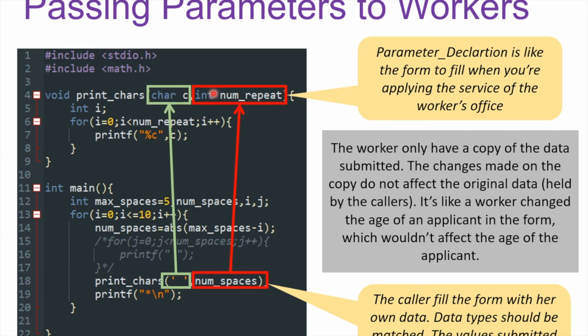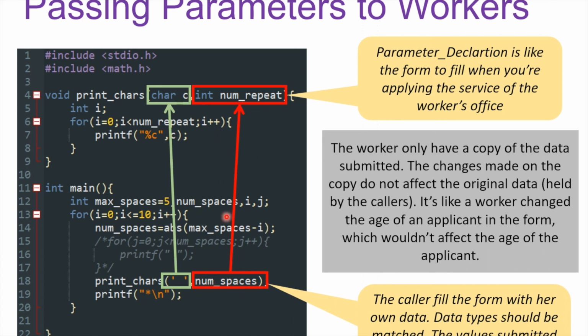That means the value will be filled in here, and any change you make by using those variables will not affect the original value. Like here, if you change the value of this non-repeat, it wouldn't affect the value of num_spaces because it's just a copy.